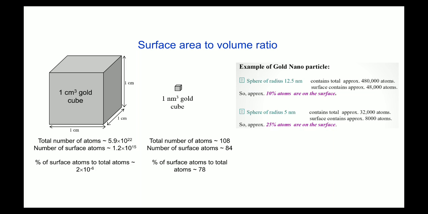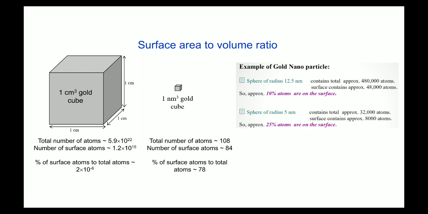How many surface atoms are present? Nearly 84. If we calculate the percent of surface atoms to total atoms, it is 78. This is a very huge number compared to the bulk gold cube, where the percentage is in the range of 10^-6, and here the percent of surface atoms is in the range of 78.